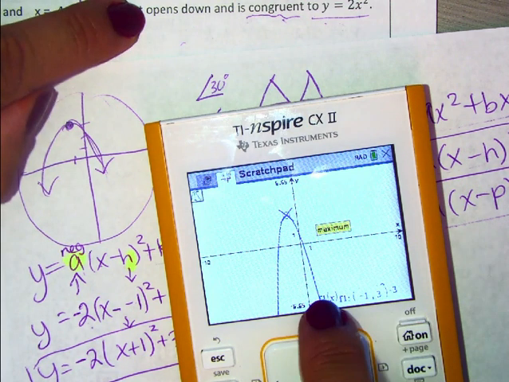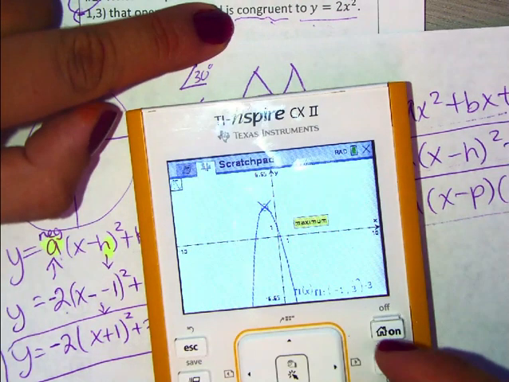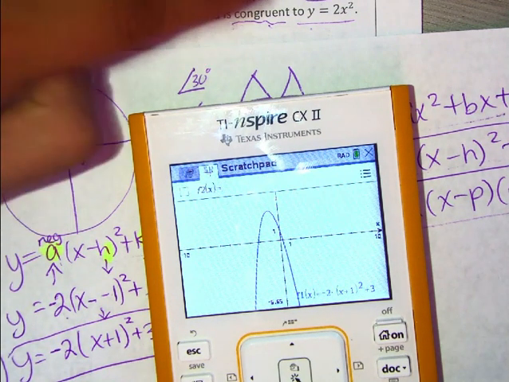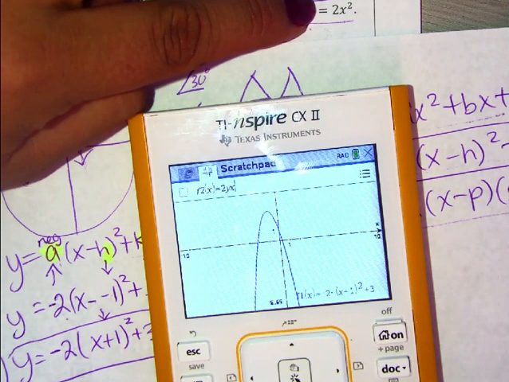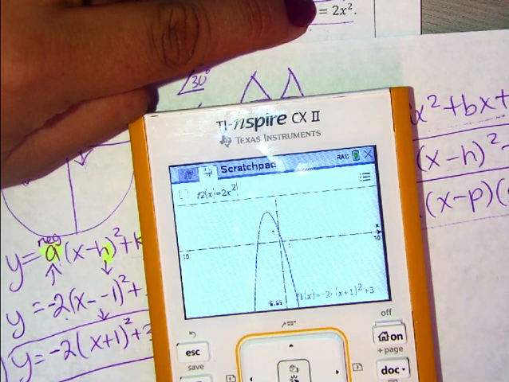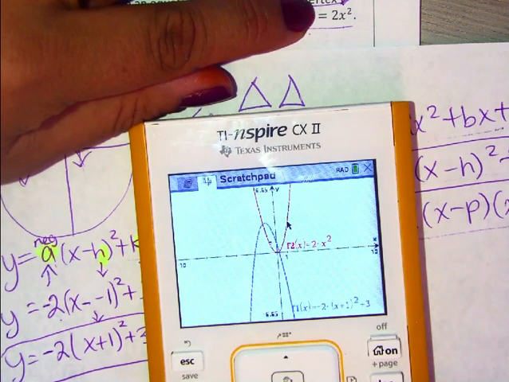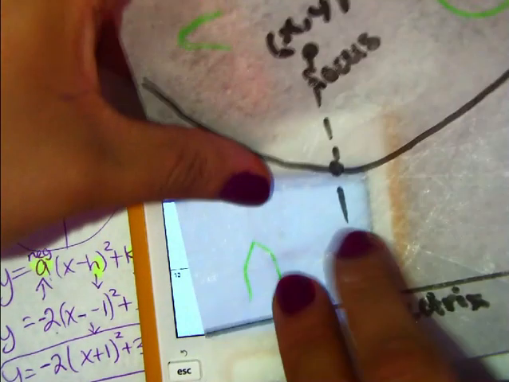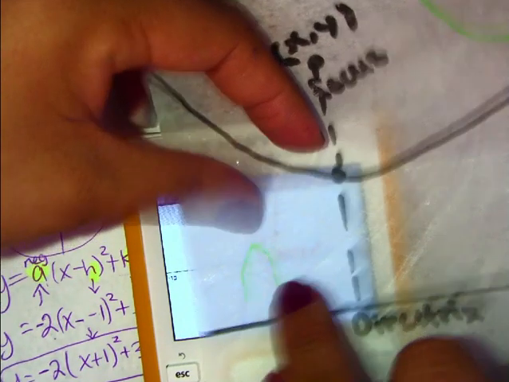It opens down. And as far as confirming if it's congruent to that, we can just graph that one, y equals 2x squared. And again, we can use the wax paper to analyze if it's matching. You can't really tell here, but if it's matching that angle.